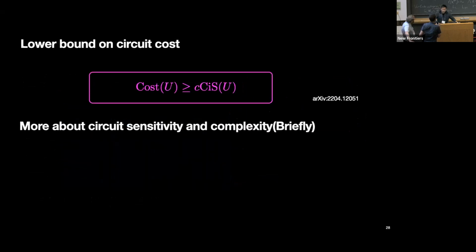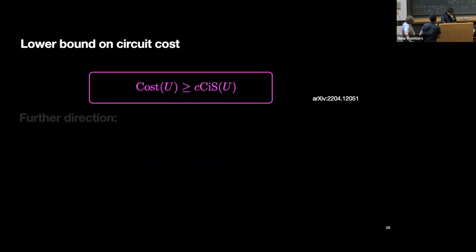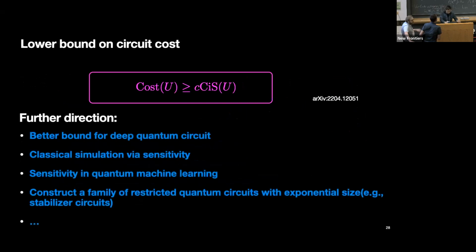Can you clarify which statement you mean? The open question. Yeah, exponential size, exactly. So the total number of stabilizer states for an n-qubit system is 2 to the power of order n squared.